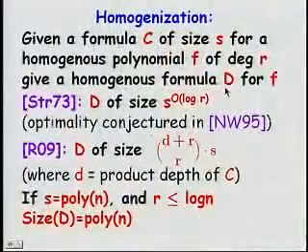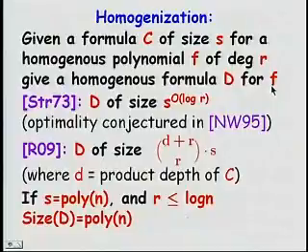Now suppose that you have a formula C of size S that computes a polynomial f, which is homogeneous and of degree r, but you don't know that the formula is homogeneous. Can you construct from it a homogeneous formula D for the polynomial f?